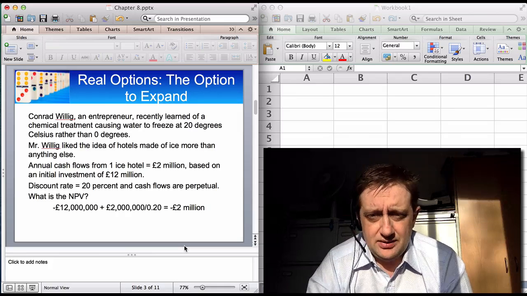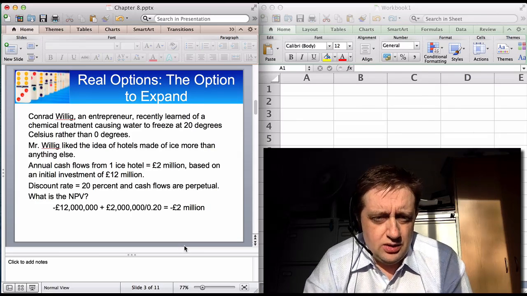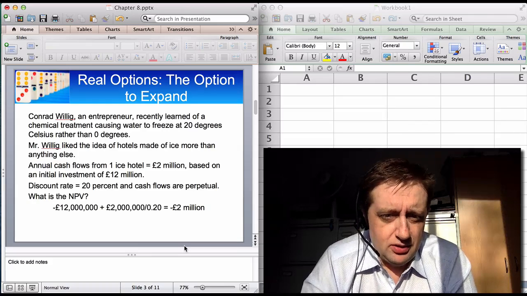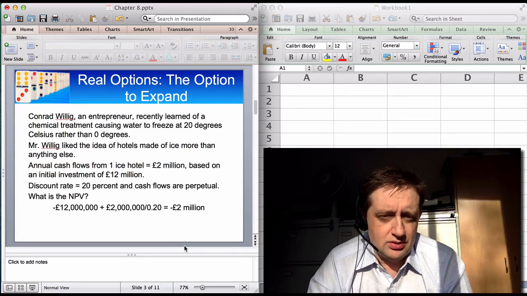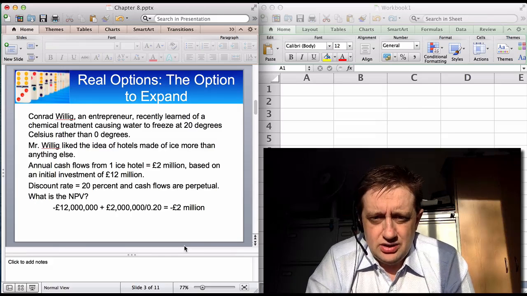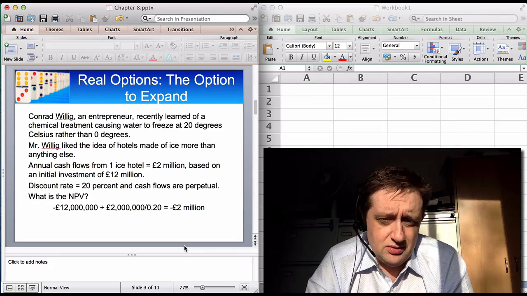So if you take this simple, stylized example, you've got an entrepreneur who has learned of a chemical treatment causing water to freeze. Based on that chemical treatment, the entrepreneur wants to open up an ice hotel.